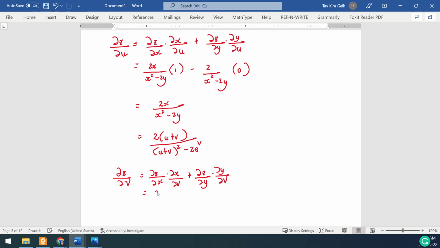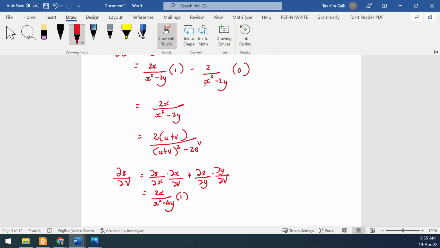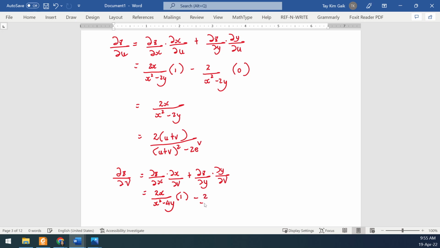Okay, del z del x we obtained is 2x over x squared minus 2y. Del x del v, the answer is also 1. Del z del y we obtained is negative 2 over x squared minus 2y. Okay, del y del v that we obtained just now is exponent v.